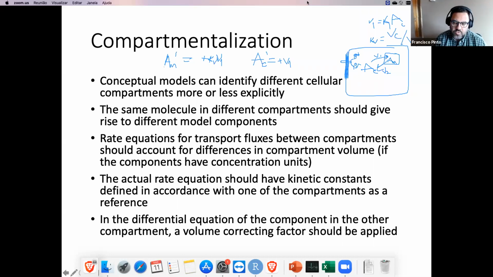So normally these transport reactions are associated with the presence of proteins that specifically transport some molecules across. Proteins and nucleic acids that migrate from the nucleus to the cytosol need to go through larger protein machines that form pores in the nuclear membrane that allow the transport of larger macromolecules across those membranes.